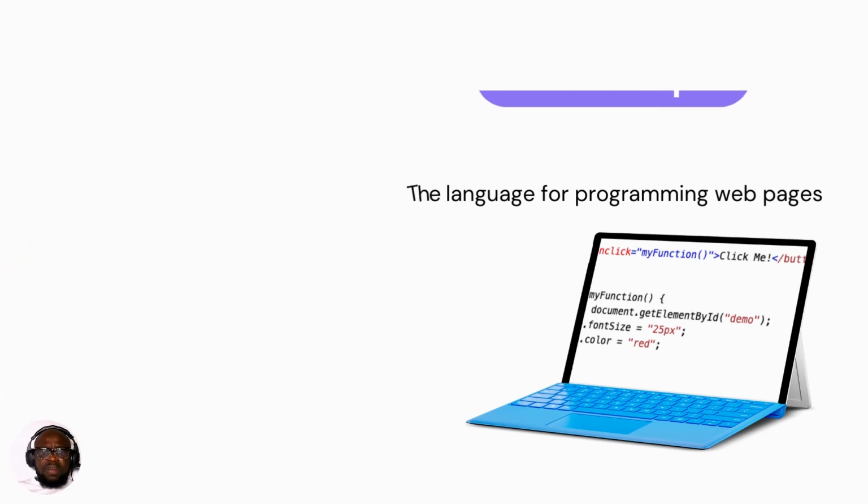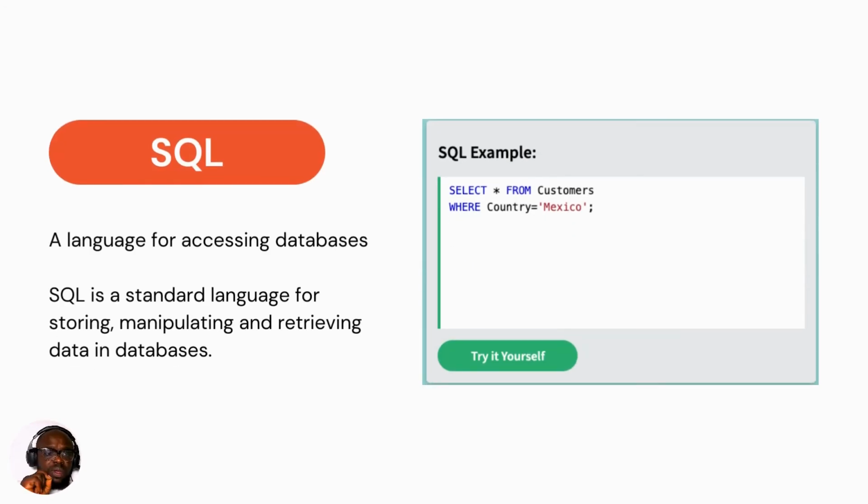So the moment we finish JavaScript, we head on to SQL. SQL is a language for accessing databases. Big words. Don't worry. Now that you can build a website using HTML, CSS, and JavaScript, you have to think of data. So SQL is a language for communicating with databases. SQL is for different types of databases. We'll be looking at this in detail.